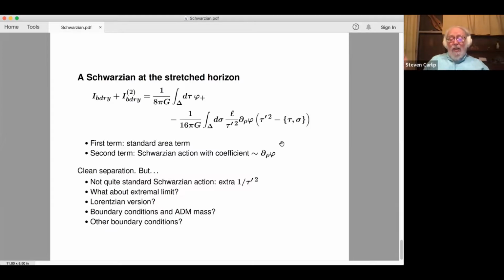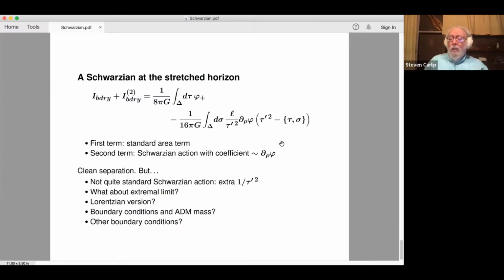First of all, this part I do understand, that the coefficient is no longer the dilaton, it's the normal derivative of the dilaton, but that's now fixed, so that's not a big surprise. There is also the extra 1 over tau prime squared in the action, which is not there for the nearly anti-de Sitter case. This has something to do with the fact that the Schwarzian derivative is actually a quadratic differential.